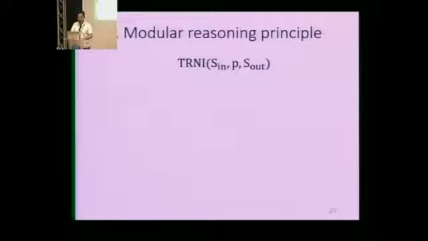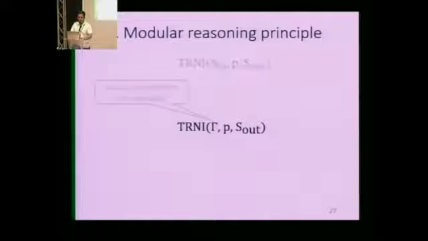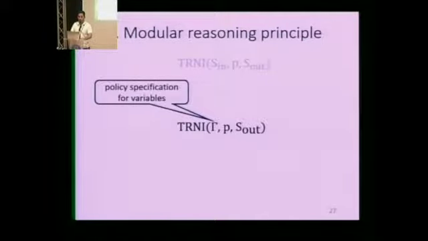For that, we need more than one type at the input observational level. In fact, we have an environment with all the declassification policies for the variables in the program P, and that makes the program P an open program, so we can reason about any program with this property.